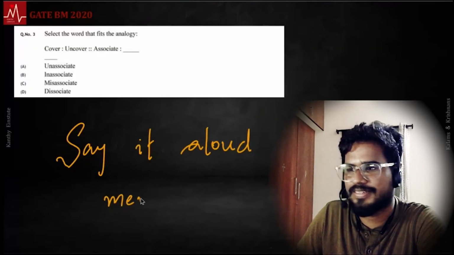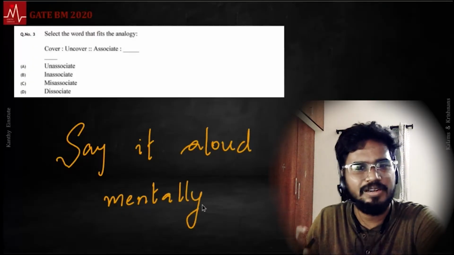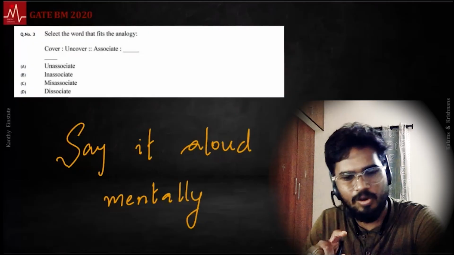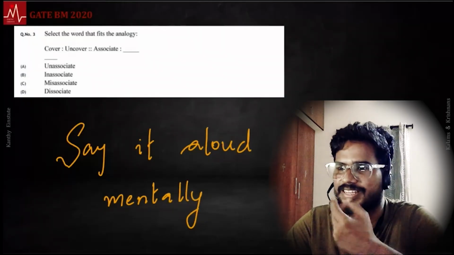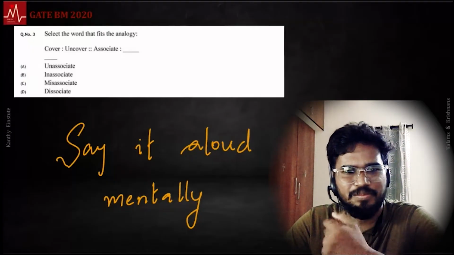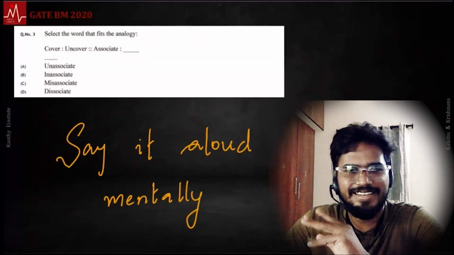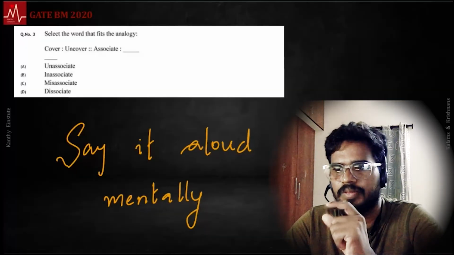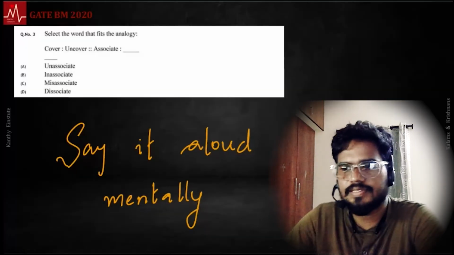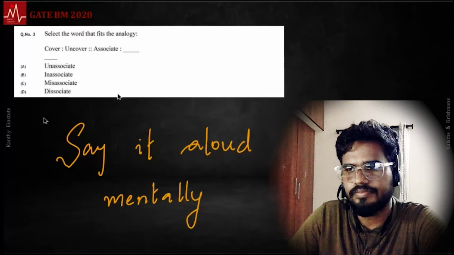When you do that, the incorrect ones, the non-familiar ones will obviously stand out. And when I said misassociate, my mouth was kind of having a problem. It kind of sensed it. There is some issue with it.